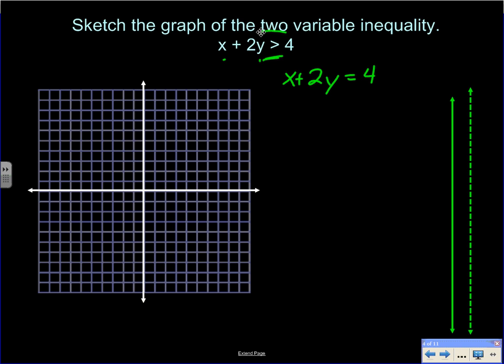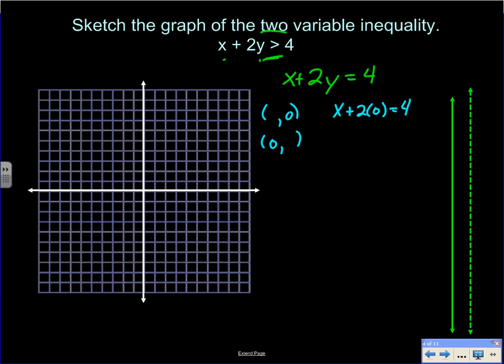So x plus 2y is equal to 4. Let's go ahead and find our intercepts. We're going to let x be equal to 0, and then y be equal to 0, and we'll have our intercepts. So the first one says y is equal to 0, so x plus 2 times 0 is equal to 4.